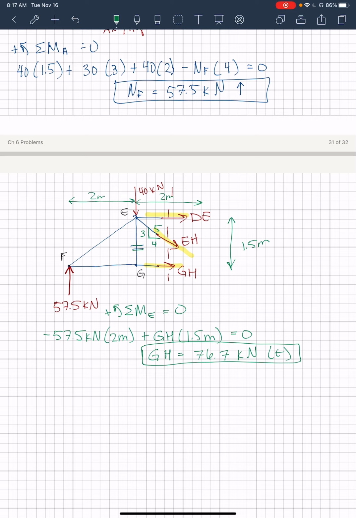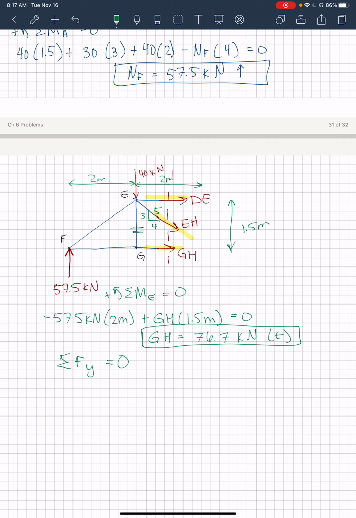Now we can sum the forces in the x or the y direction. We see that DE and GH both have x components, whereas EH is the only one with a y component as well. So if we sum the forces in the y direction equals 0, we'll only have one unknown. So we have 57.5 kilonewtons, starting with that force at F. GH is in the x direction. We have that negative 40 kilonewton force up at E, and then minus the y component of EH, which would be 3 over 5 times EH, equals 0.